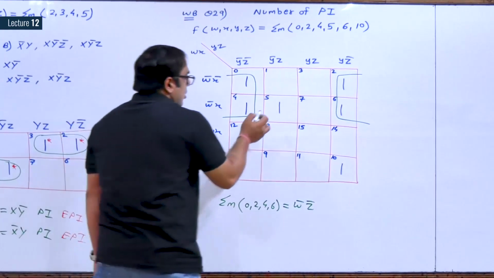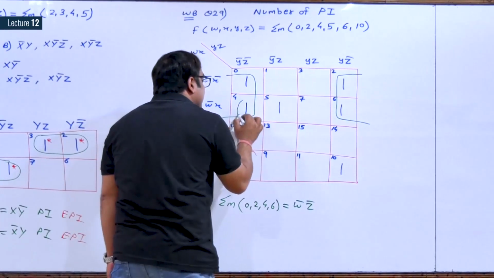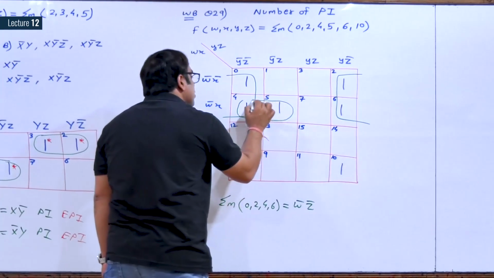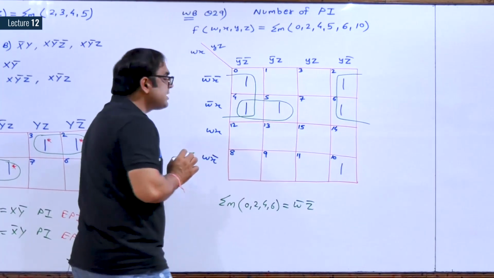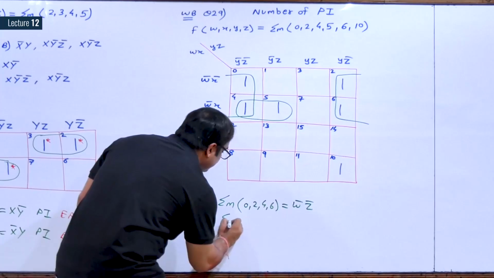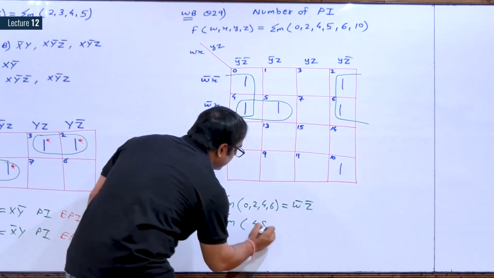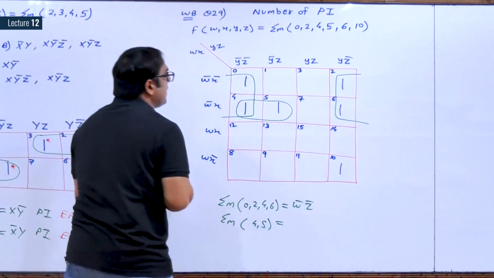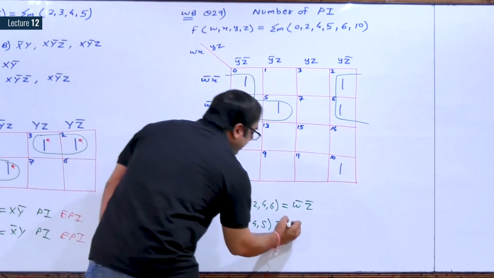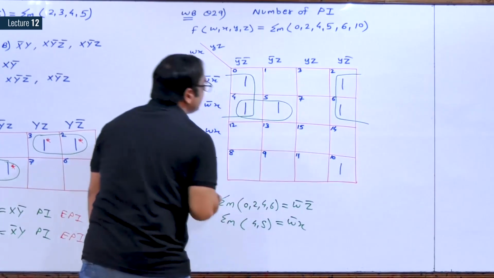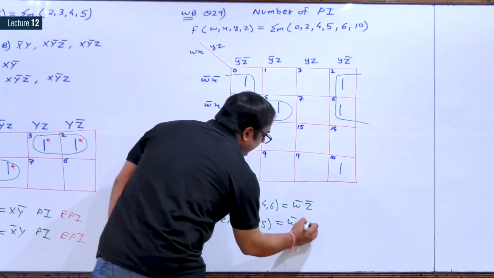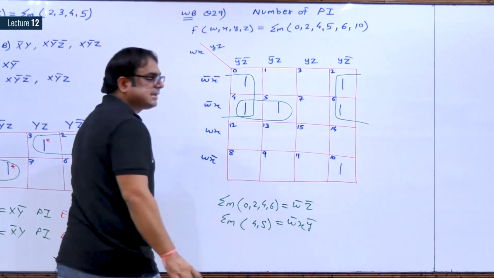Now next, for this minterm number 5, this pair is best. Summation M 4, 5. What is the term associated with this one? W complement X is common from this side and Y complement is common from the other side.